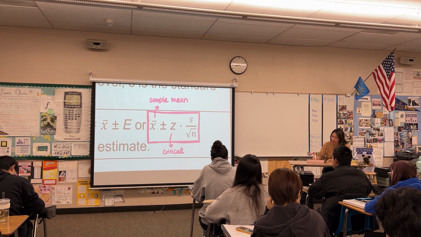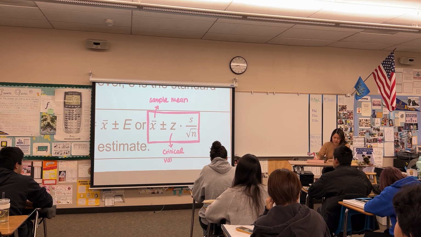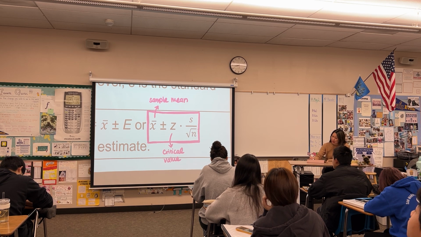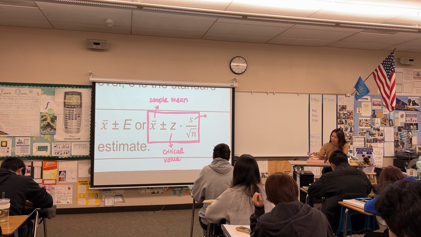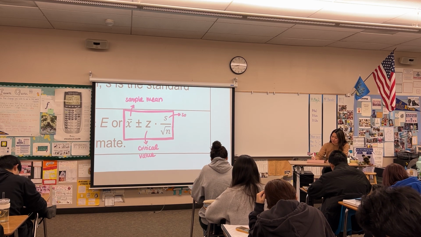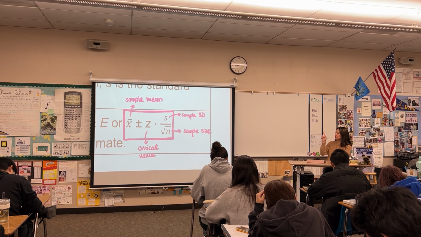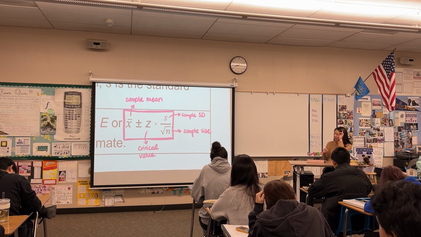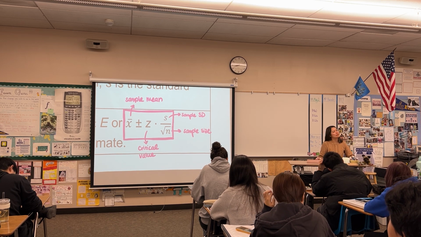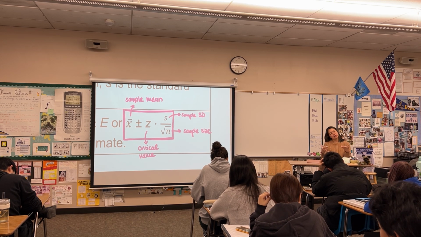So that's called your critical value. S stands for your sample standard deviation, and N is your sample size. All right, so 1, 2, 3, 4 variables in that formula. Then you just plug it in and find your confidence interval.